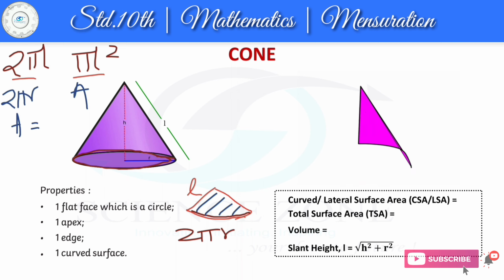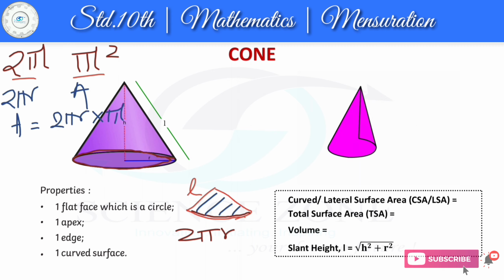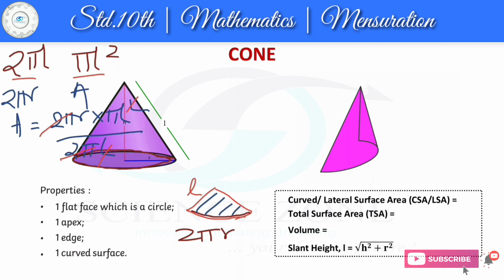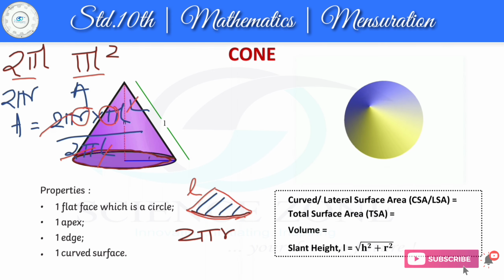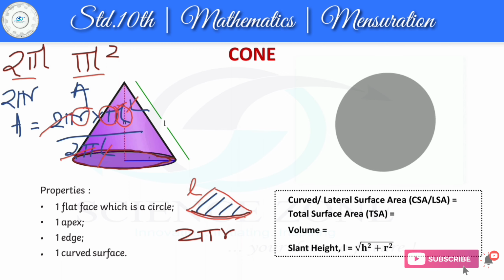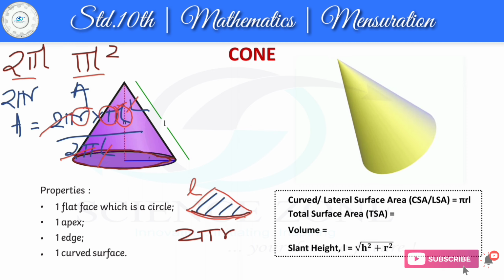Area will be equal to 2 pi r multiplied with pi L square divided by 2 pi L. From here, we can cancel 2 pi in the denominator with 2 pi in the numerator. 1 L of denominator will cancel 1 L in the numerator. So, the area will be pi r L. Hence, we can say the curved surface area of cone is given by formula pi r L.